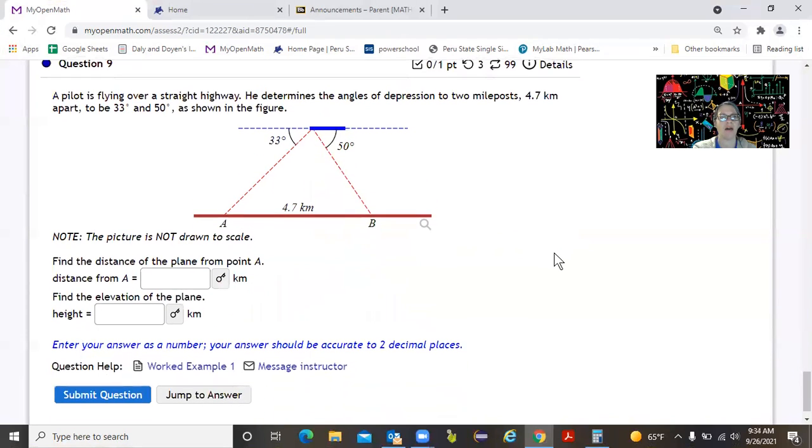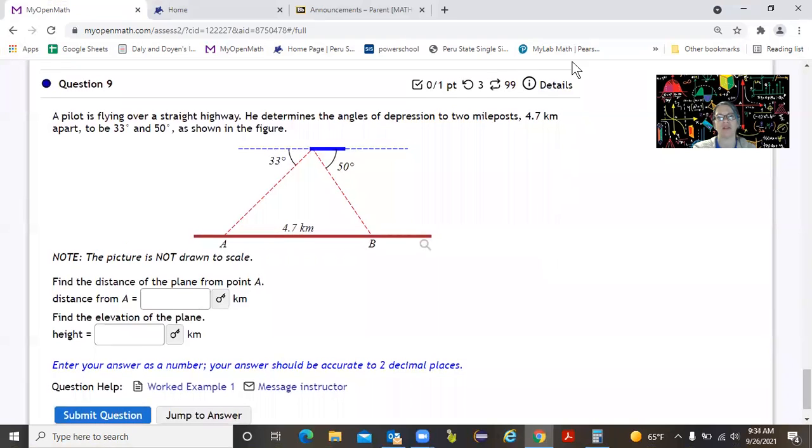Let's see, here we have a pilot. Let's look at this one. It says a pilot is flying over a straight highway. He determines the angles of depression to 2 mileposts. So that's the 33 and the 50 that are given. And again, we could have done that ourselves.